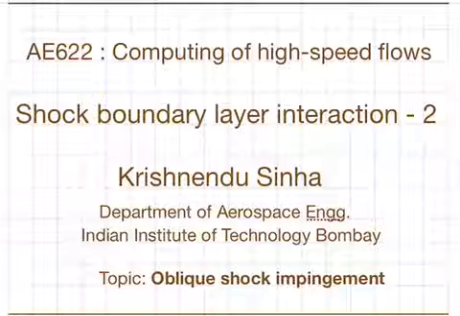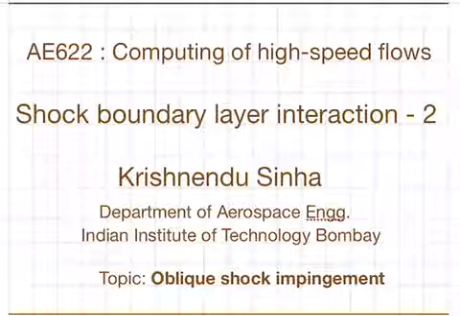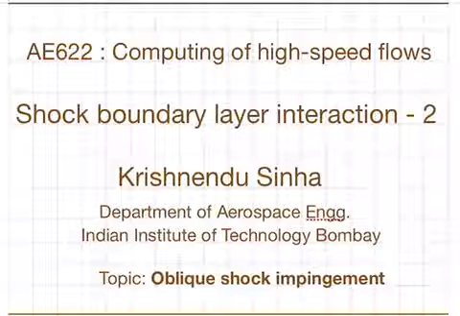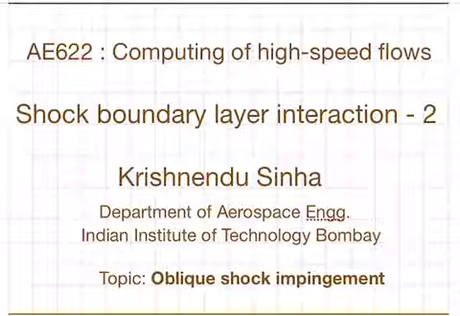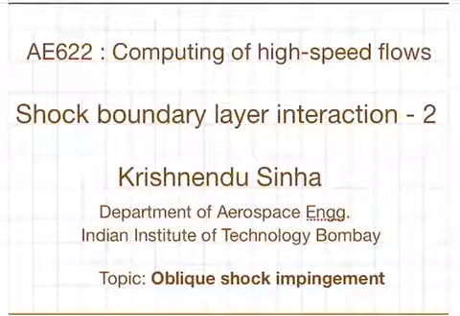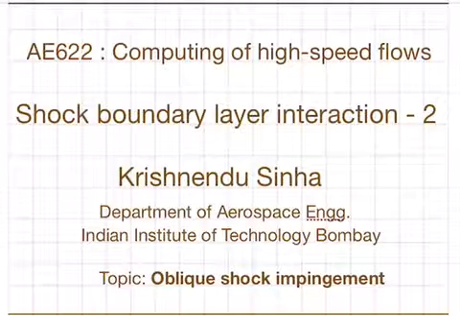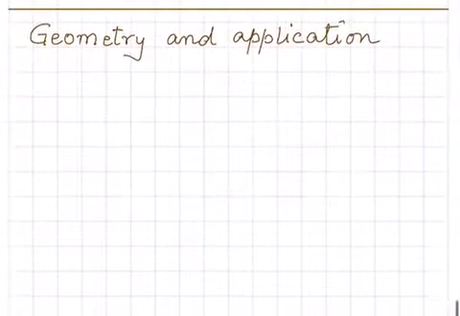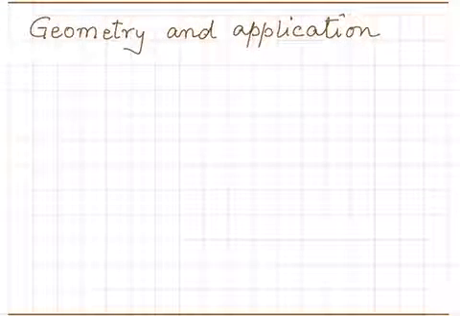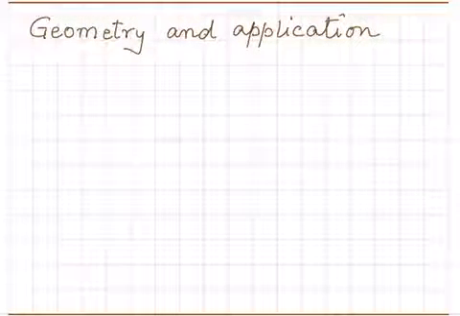This is the second part of the lecture on shock boundary layer interaction, and today's topic is oblique shock impingement on a flat plate. The geometry is again very simple.